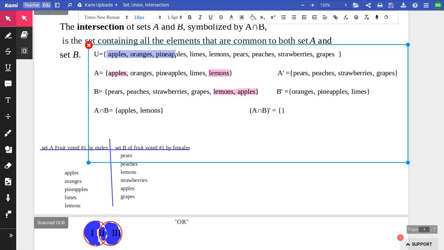So if you look at the universe, we can take out the apples and lemons. And this now reveals not A and B, what's not in the intersection of A and B.